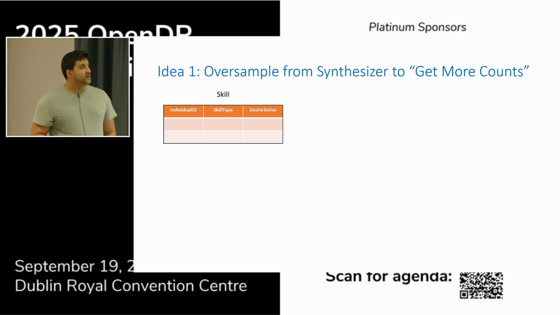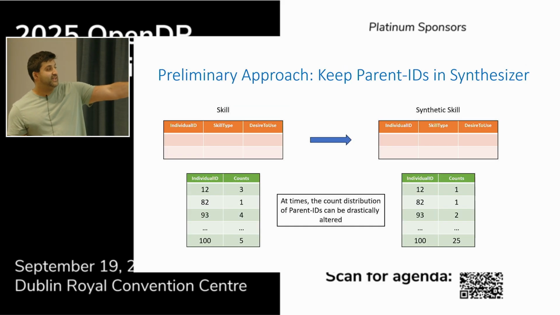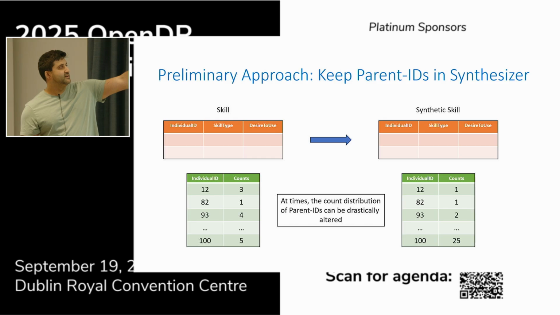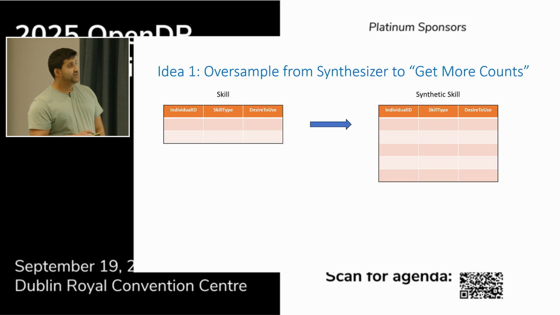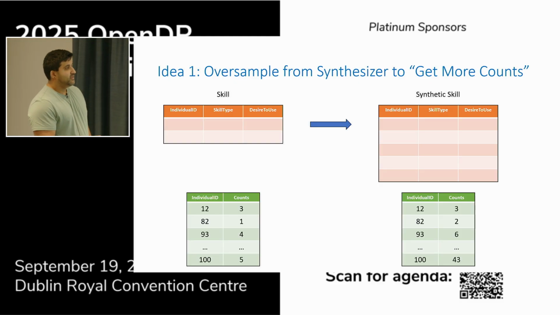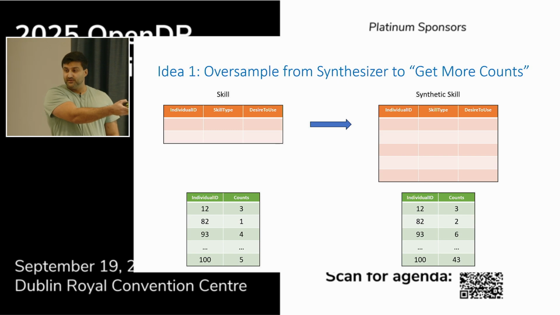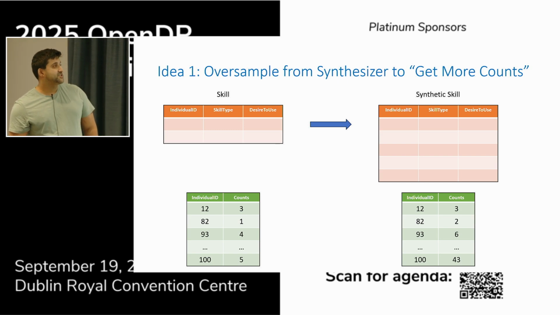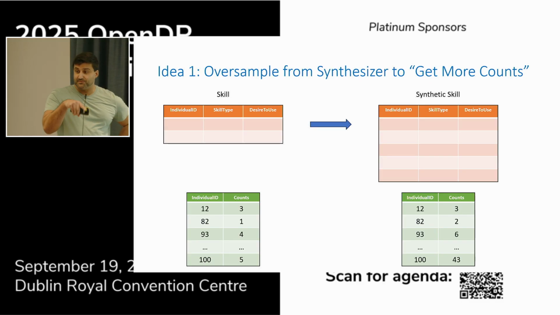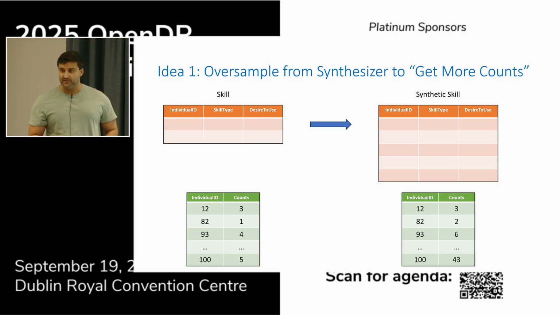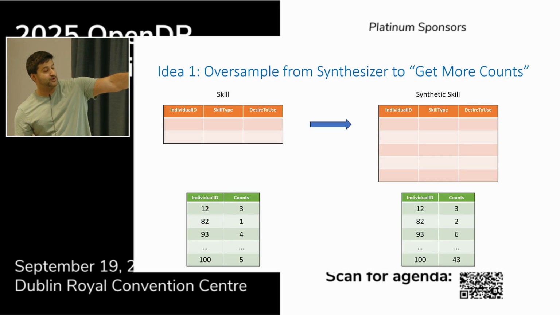Our first idea was: if I'm likely to get an undercount of counts when I sample n rows from the synthetic skill table and there were really n rows to start, what if I sample a bigger table to start? What if I sample a table that's 3 times as large or 5 times as large? Then I'm more likely to get counts that are close or even overestimate them at times. So I can create a histogram on the individual ID of how many times the counts show up, measure that in a differentially private manner, and calibrate whether I have an overestimate or underestimate.